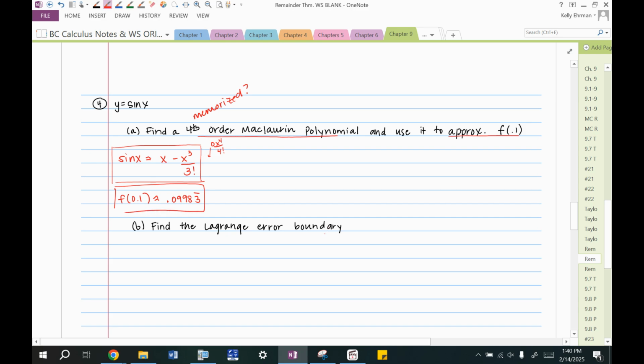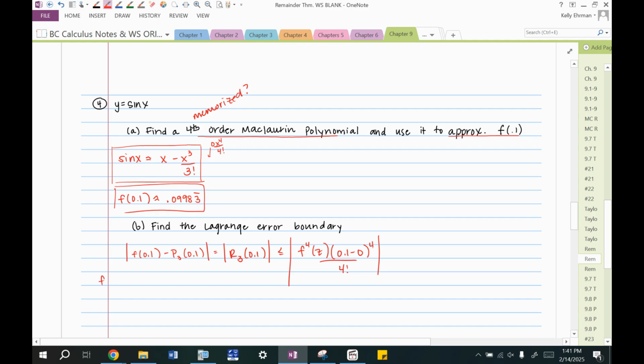Find the Lagrange error boundary. So we are looking for the difference between actual f of 0.1 and our third order approximation at 0.1. That's equal to the remainder at 0.1, which is less than or equal to the max of the fourth derivative times 0.1 minus 0 to the fourth over 4 factorial.